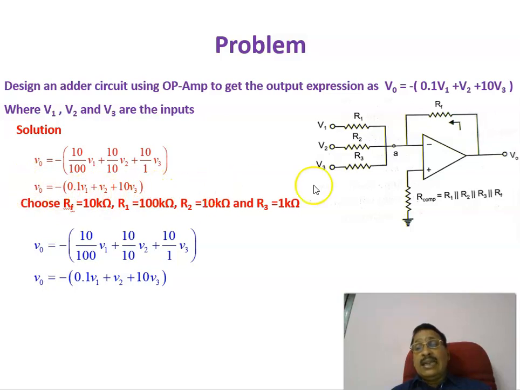So if you connect resistance values RF equal to 10 kilo ohm, R1 equal to 100 kilo ohm, R2 equal to 10 kilo ohm and R3 equal to 1 kilo ohm, you will get the output voltage V0 equal to minus of 0.1 V1 plus V2 plus 10 V3.